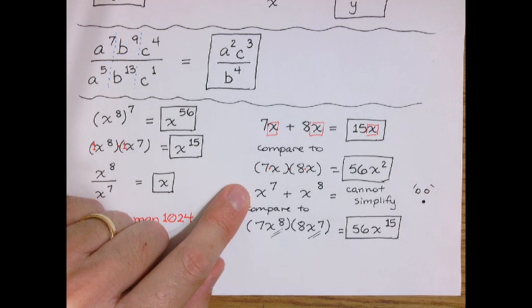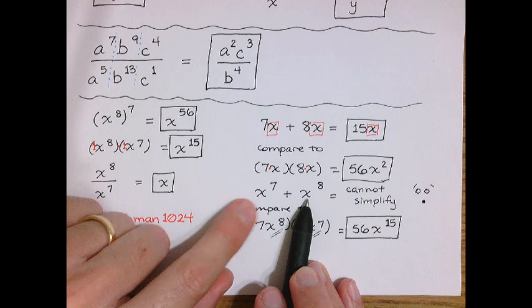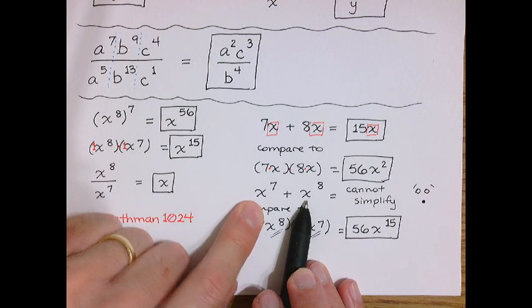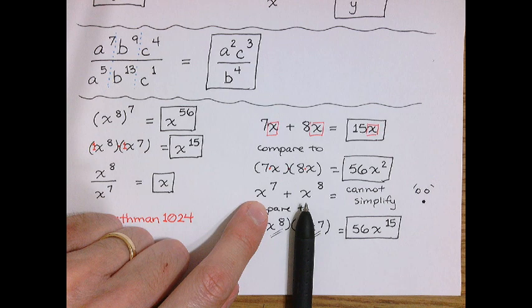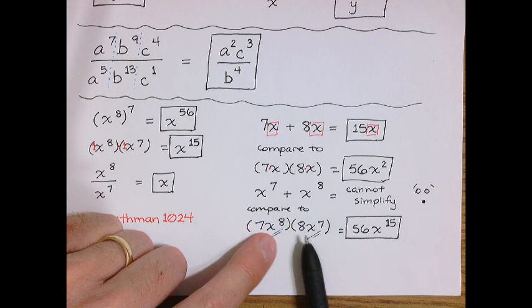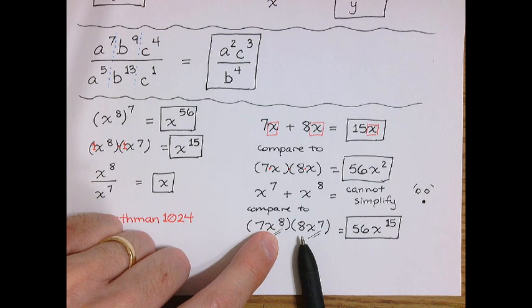You can't simplify that because these are not like terms. You might say, but they both have x. It's true, but remember the thing about adding. Multiplication is one of my favorite things because you don't need terms to be alike. You don't need common denominators. You just put them together, like down here. These are not like terms, but I can still multiply them.